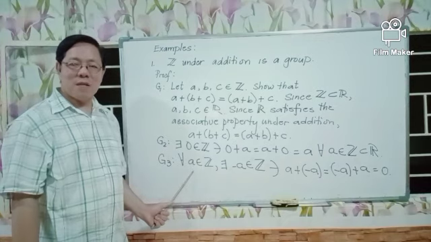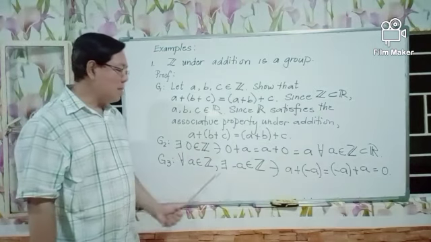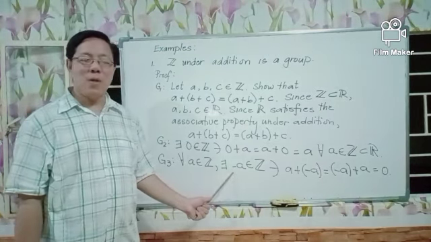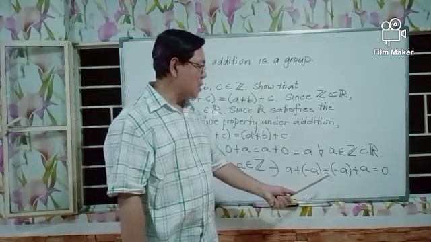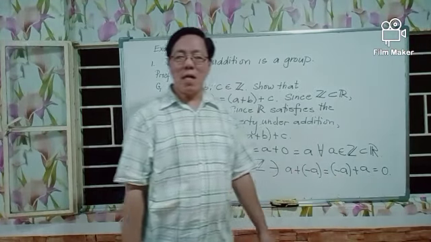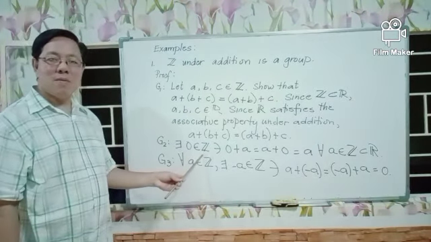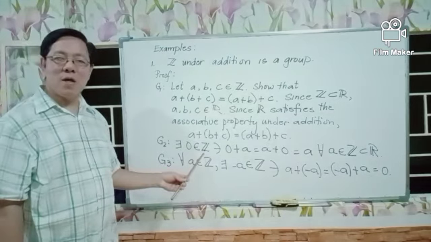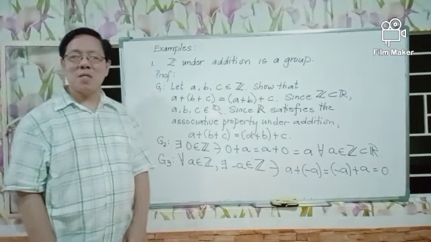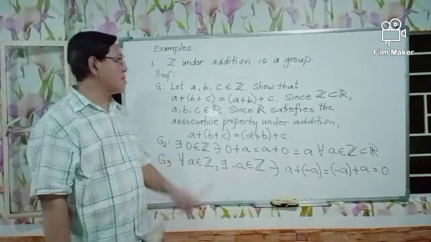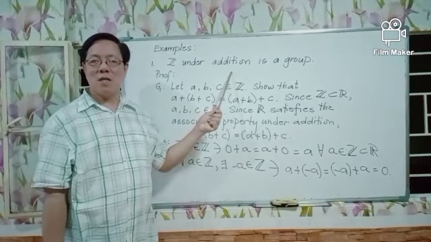And they satisfy the property that the sum of a and its additive inverse or negative is equal to the identity element for addition under the binary operation addition defined in the set of integers Z. We have shown that all the three properties of a group are satisfied by the set of integers Z under the binary operation addition.